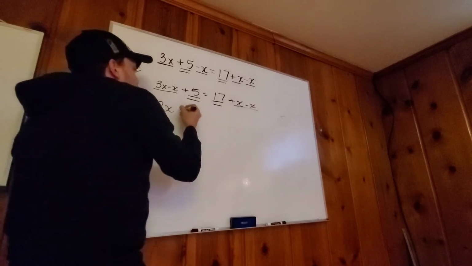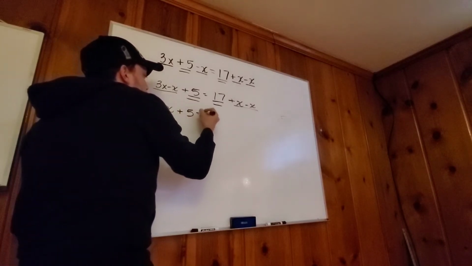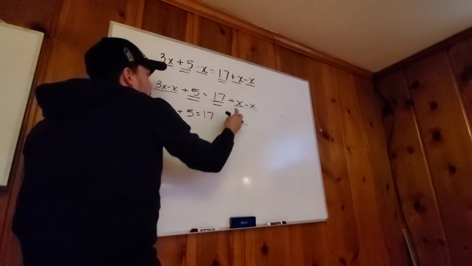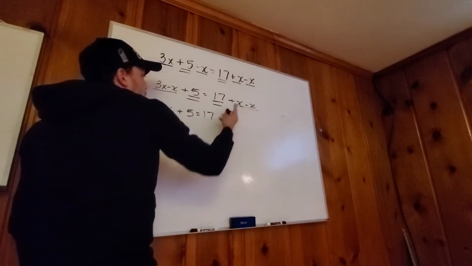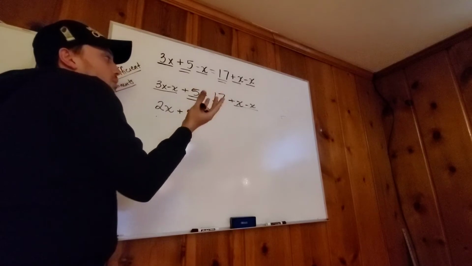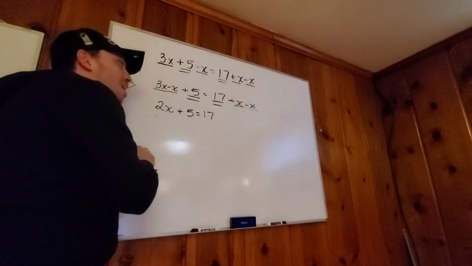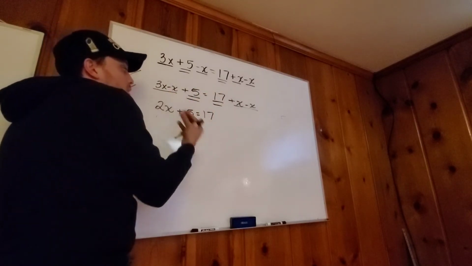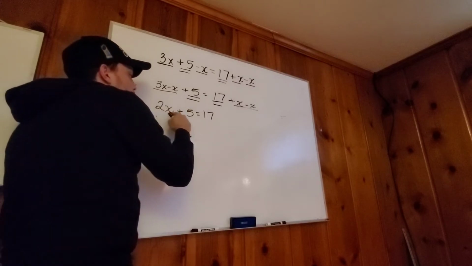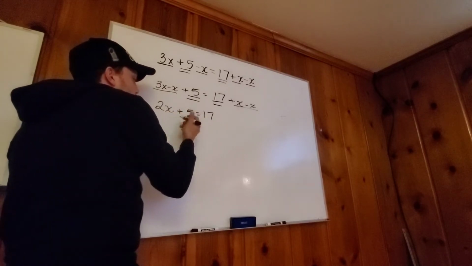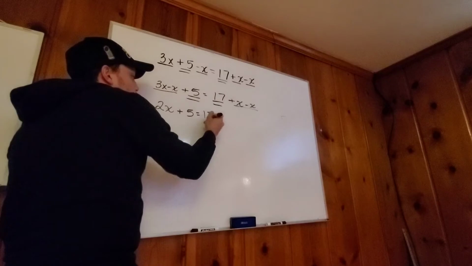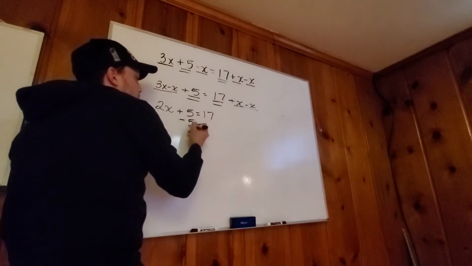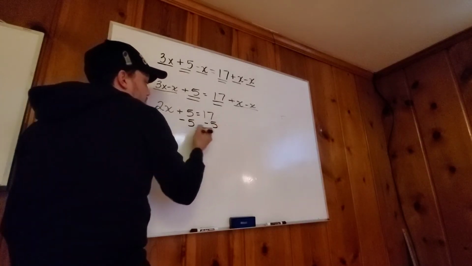Plus 5 equals 17. And what is 1 minus 1? 1 minus 1 is 0. So 0x is going to be 0, because everything that you multiply times 0 is 0. So we get 2x plus 5 equals 17. Then we switch over to the other side by subtracting the 5 on both sides.